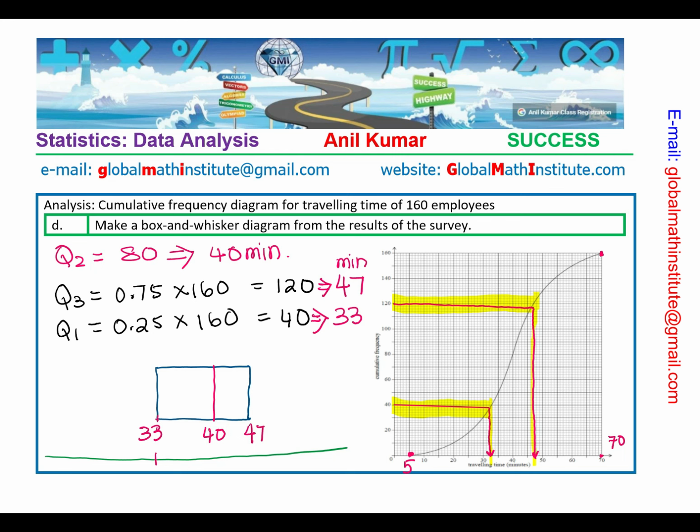The highest value here is 70, and the lowest is 5. So that becomes the box and whisker diagram, which gives us traveling time in minutes.